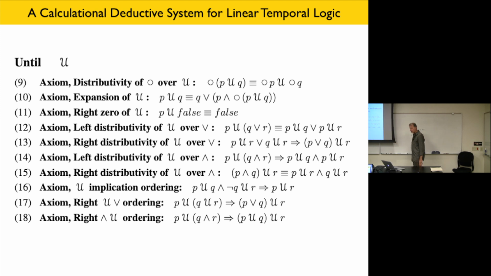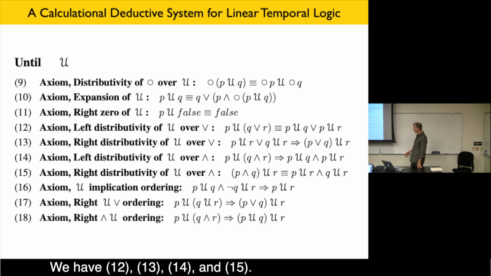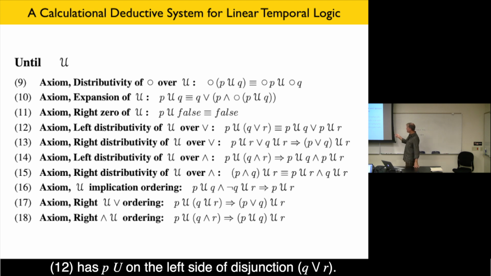And then the following 4 axioms describe how the until operator distributes over conjunction and disjunction. So look, we've got 13, 14, 15, and 16. In each one of these, 13 has a disjunction on the right side. And 14 has the disjunction on the left side. But this is an equivalence and this is an implies.